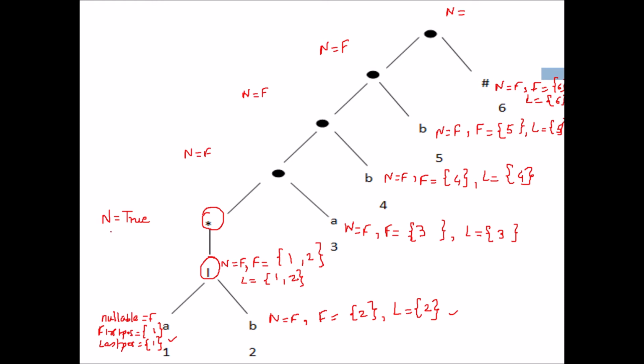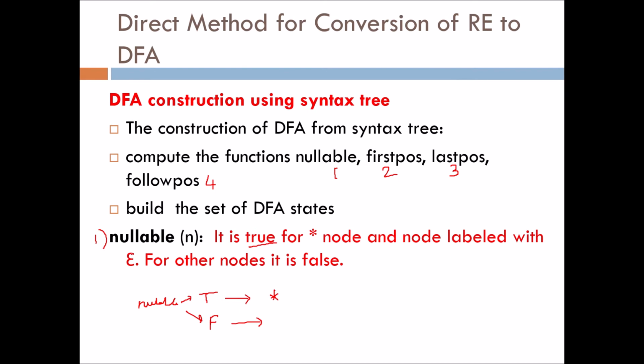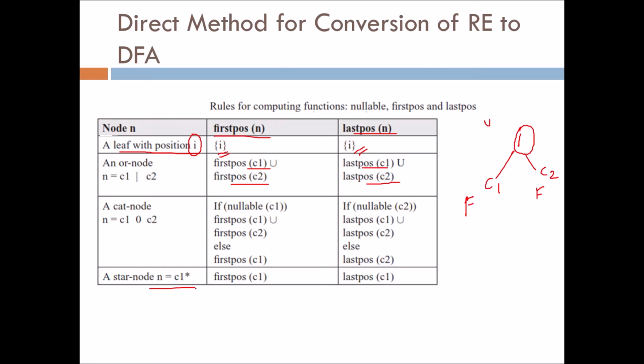Now we go ahead and find the firstpos and lastpos values for a star node. So again going back to the table, for a star node, we'll have only one child and the firstpos value is copied from the child node and the lastpos value is copied as it is from the child node.